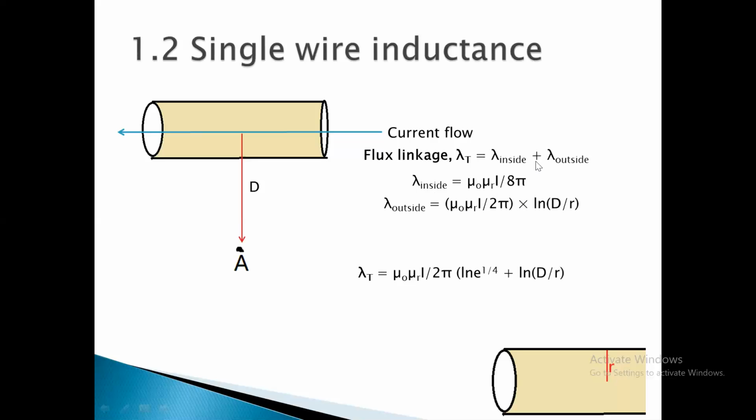If I add both of these, then I will get mu naught mu r I divided by 8 pi, plus the outside linkage mu naught mu r I divided by 2 pi, multiplied by natural log of d divided by r. What is r? R here is the radius of that line. And d is the distance at which I want to find the inductance.